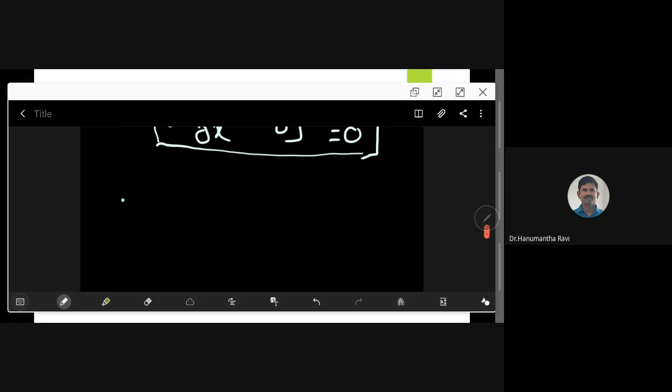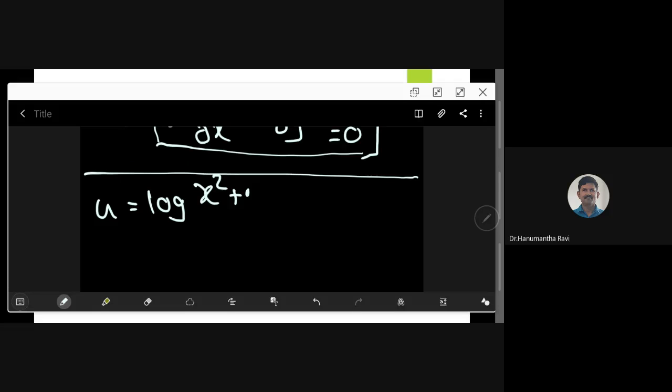So this example is over. Now they have given another one. In that case, u is given as log of x power 4 plus y power 4 by x plus y.